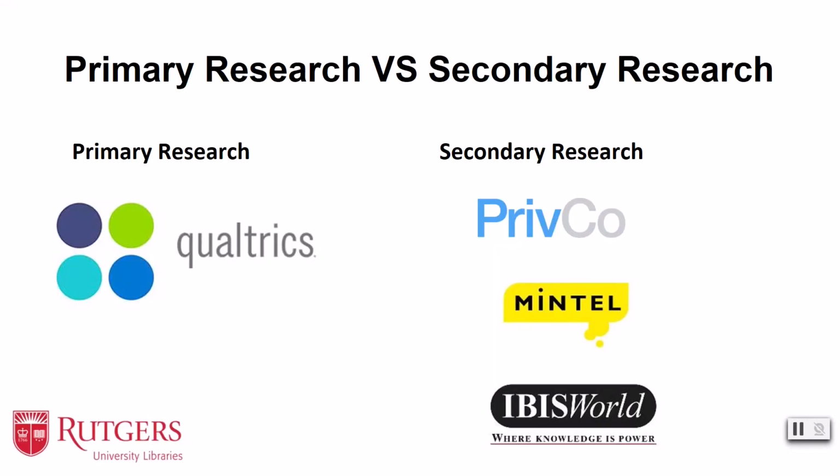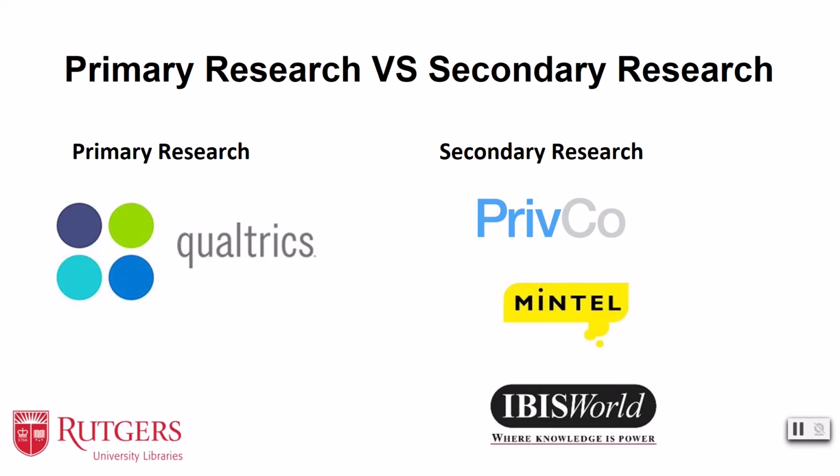So we're going to be looking at two different aspects of research, primary research and secondary research. Primary research deals with survey information. So let's say, for example, you wanted to do a survey based on consumer preferences. You can use the software Qualtrics, which is survey software that you can use to do surveys, export the data, and manipulate the data however you want.